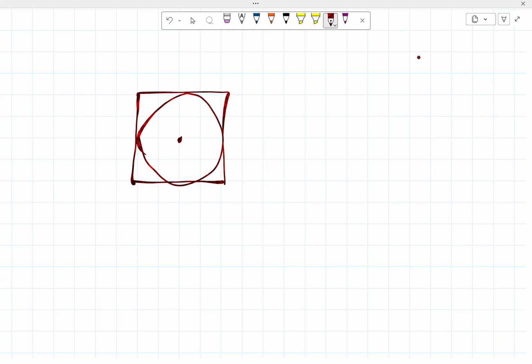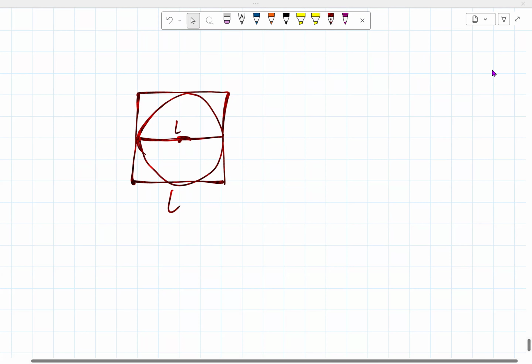This is the length of the square and this is the circle. You see that the diameter of this circle is equal to the length because it touches all the sides.